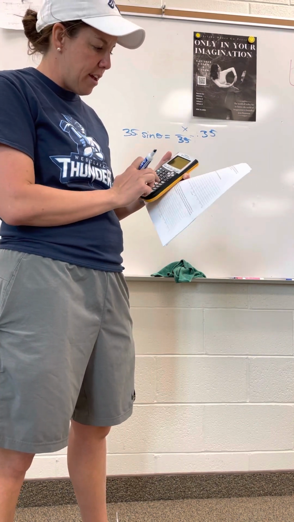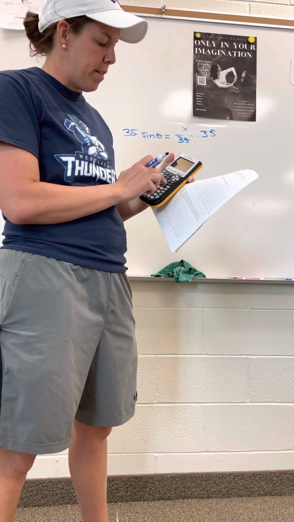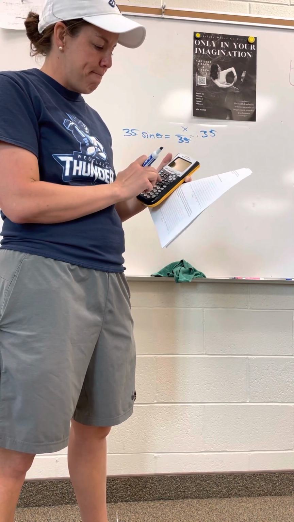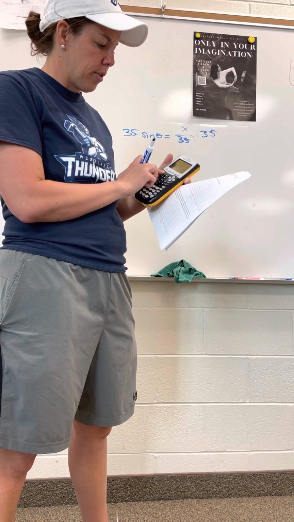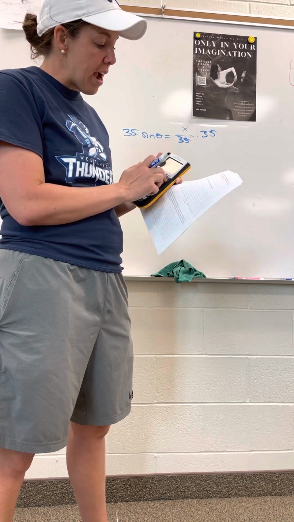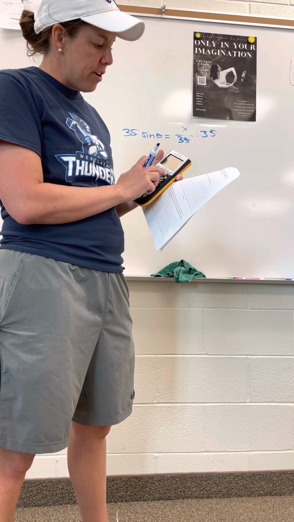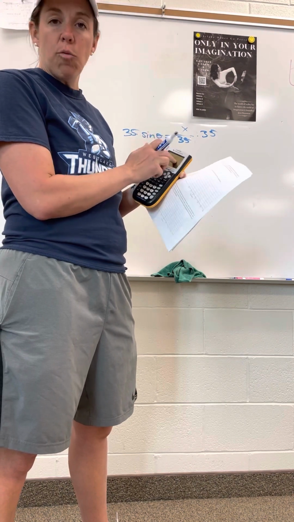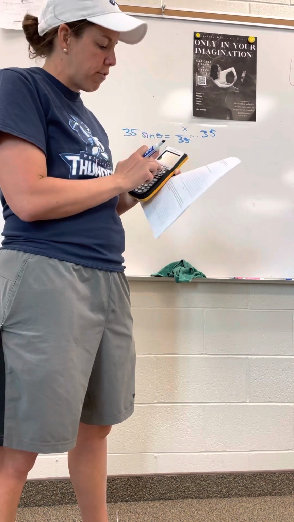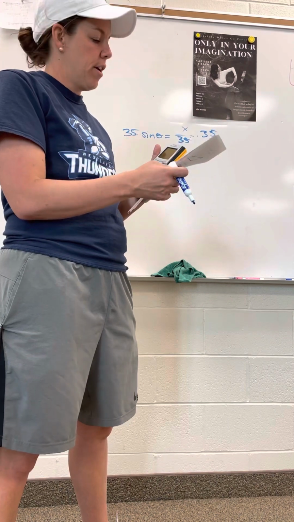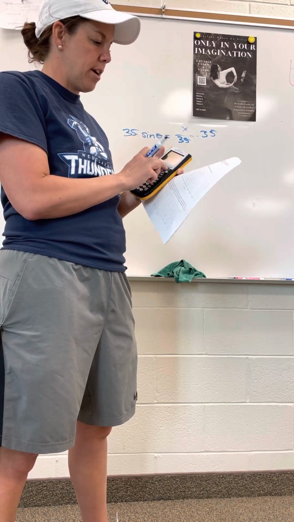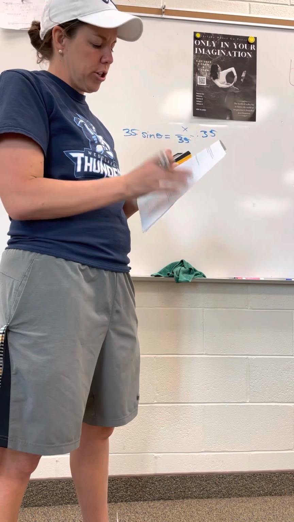You're gonna use that variable button there. And then I'm gonna make sure I'm in degrees real quick. I am. You're gonna hit second graph, you're gonna go to the table, and then it'll give you a lot of X and Y values. So this will plug in lots for you so that you can do a good graph of the sine function there. So that's just calculator work, just plugging it in.